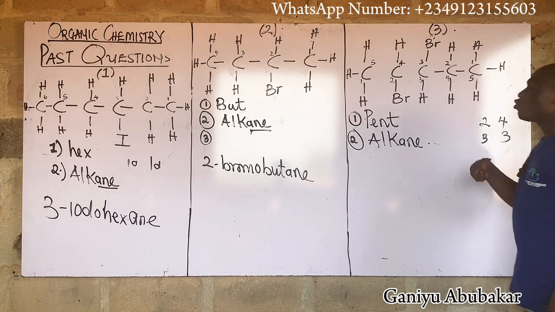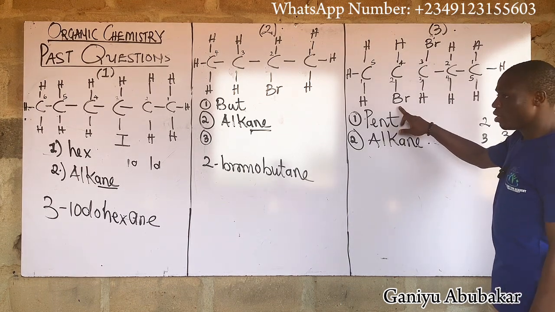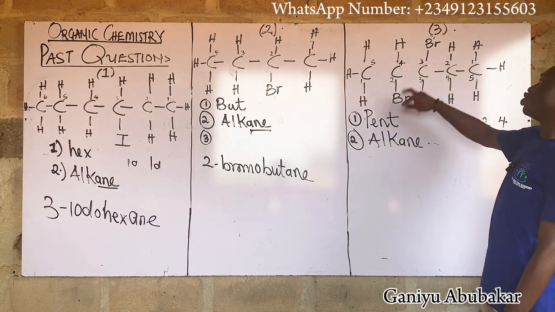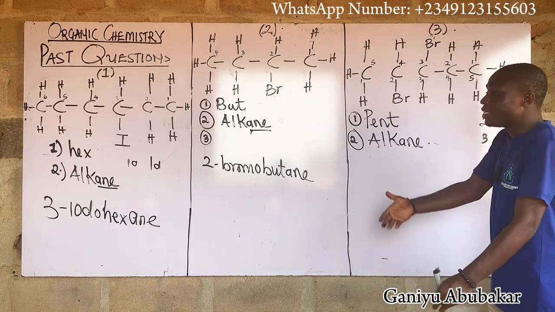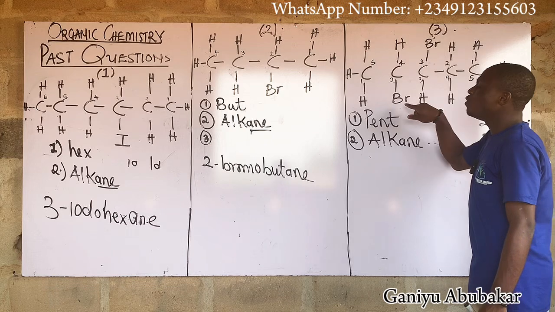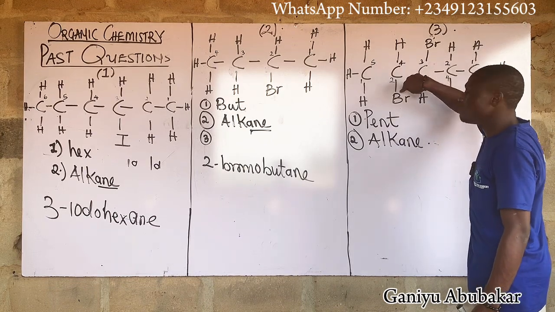Mind you, this is the first bromine we are going to encounter before we meet the second bromine. So I'll go with the one that has the least number for the first bromine.